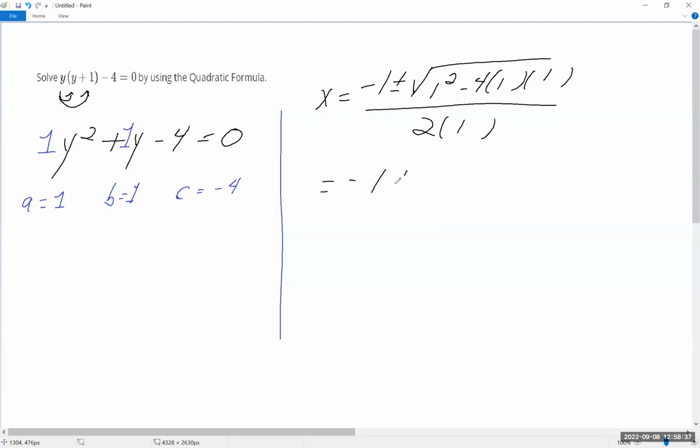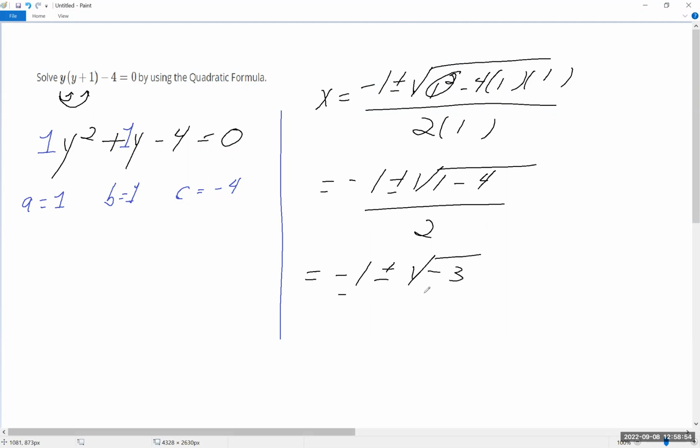That's -1 plus or minus the square root of 1 squared is 1 minus 4, over 2, which is -1 plus or minus the square root of -3 over 2, which is -1 plus or minus the square root of 3i over 2.